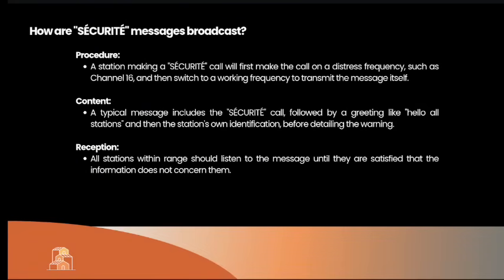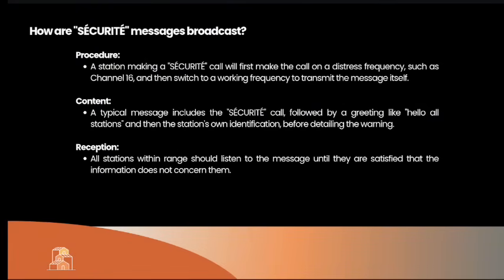So how are these security messages broadcast? The station making a security call will first make the call on a distress frequency, such as channel 16, and then move to the working frequency to transmit the message itself.